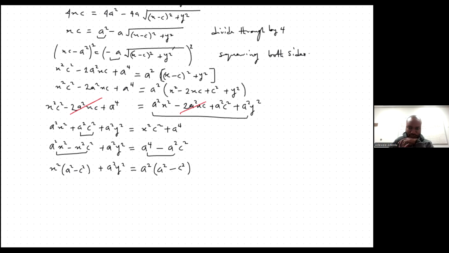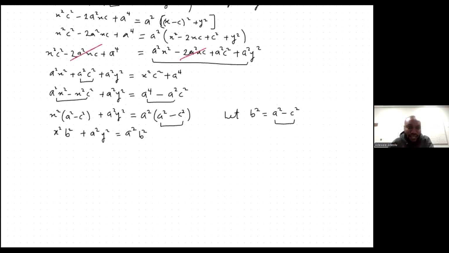I can do something. Let b squared stand for a squared minus c squared. So I want to represent that. Then I can say this is x squared b squared plus a squared y squared equals a squared, then using my representation, b squared.